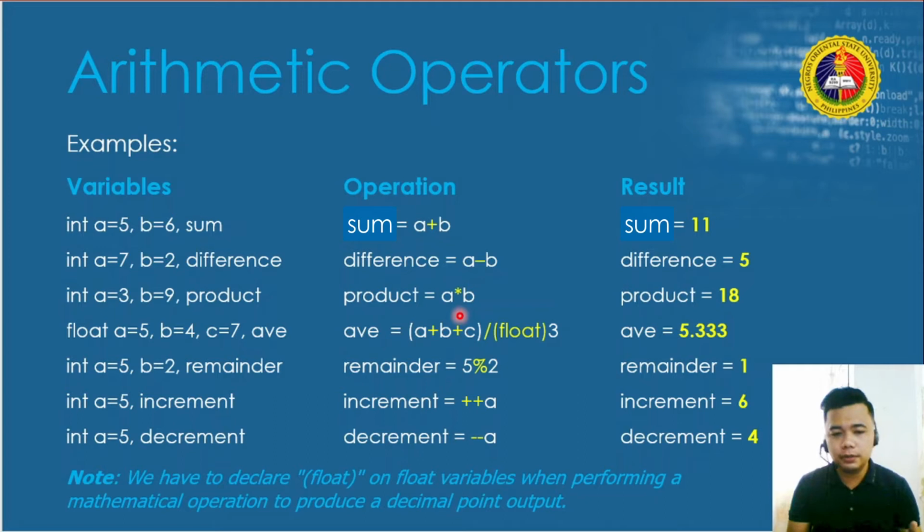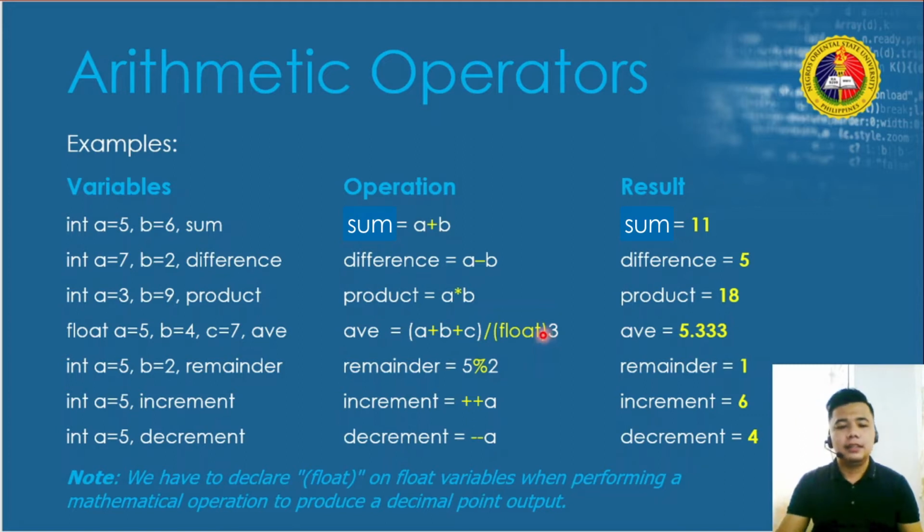That will result in a different answer, correct? That's why we adapt to the rules of mathematical operators, which is PEMDAS. That means parentheses, then exponents, and then MDAS. So we have to enclose the addition in parentheses first, because parentheses come first before the division.